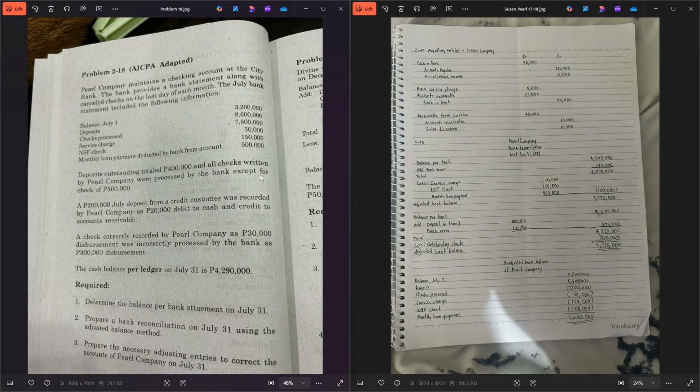July 1 balance is 3,200,000, deposits of 8,600,000, checks processed 7,500,000, service charge of 50,000, NSF check of 150,000, and a monthly loan payment deducted by bank from account 500,000.